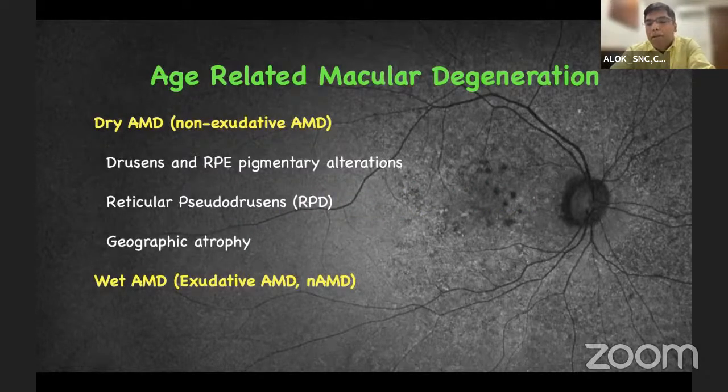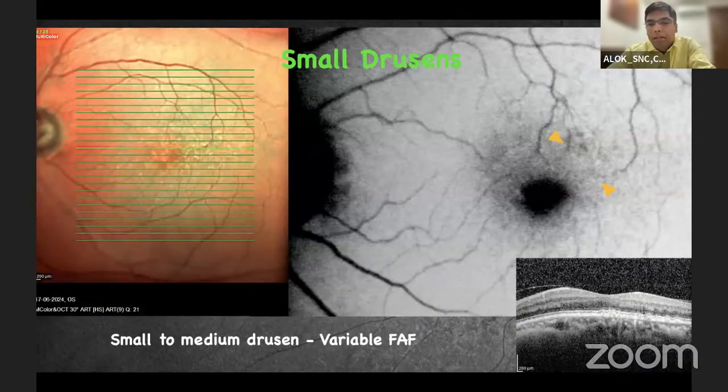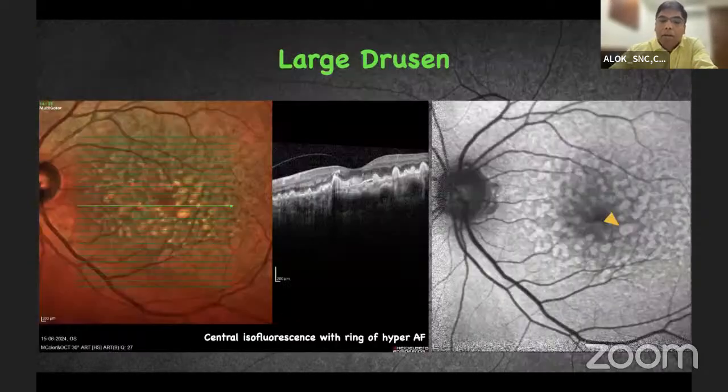Now, the most common area where we use fundus autofluorescence is age-related macular degeneration, particularly the dry age-related macular degeneration. In dry AMD, the characteristic finding is that of drusen and RPE alteration. Small drusen may have variable autofluorescence, and autofluorescence may not be very useful in these cases.